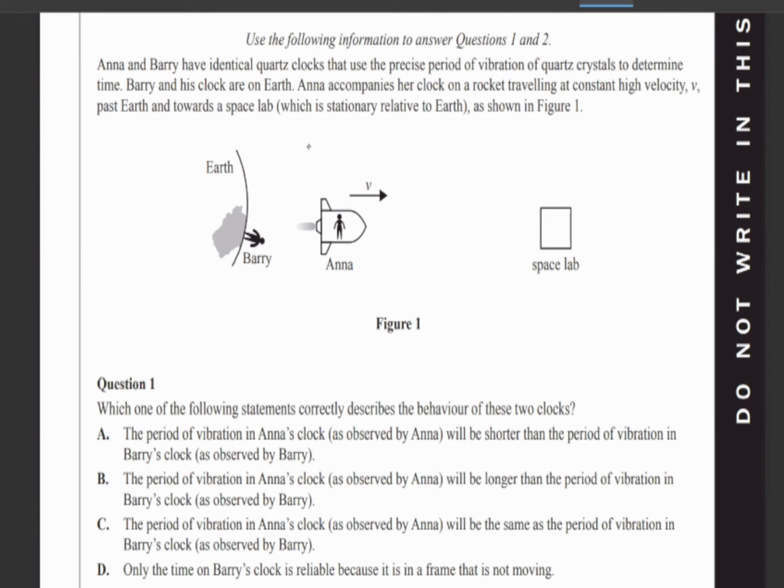They have identical clocks that use the precise period. So Anna's clock is going to be the same as Barry's clock, which is stationary. So the period is going to be the same. So the only one that follows that is C.